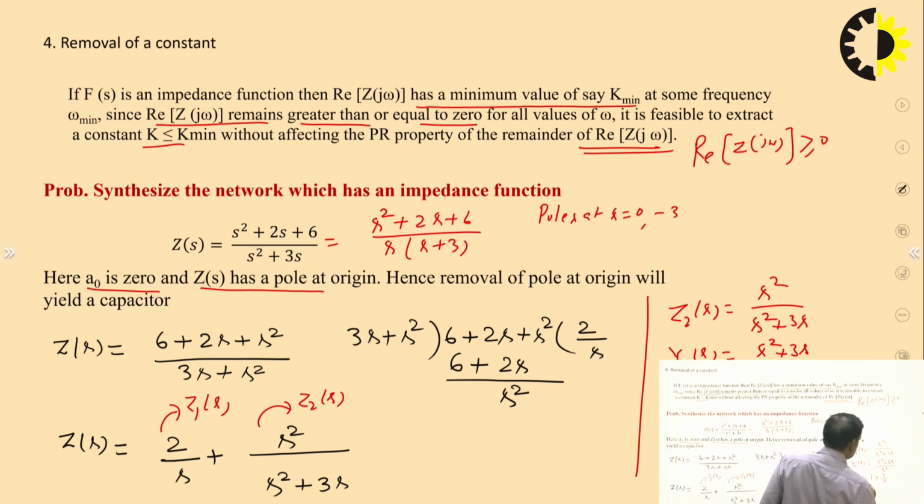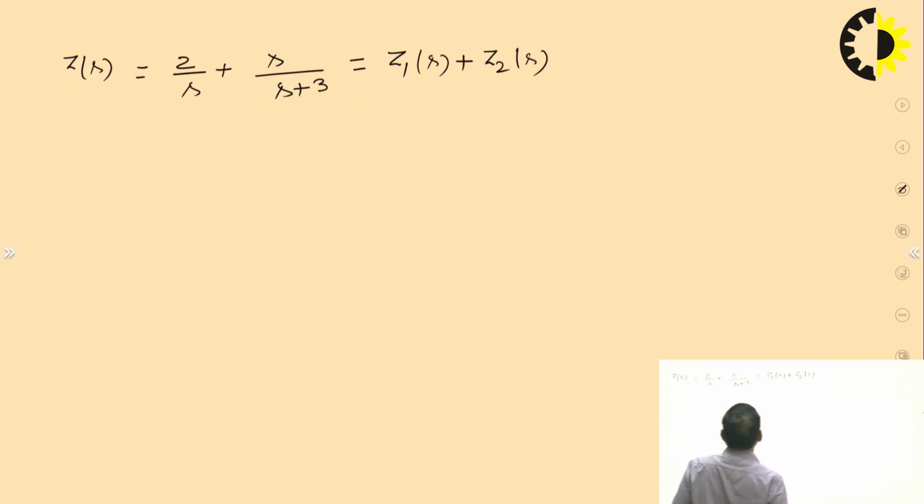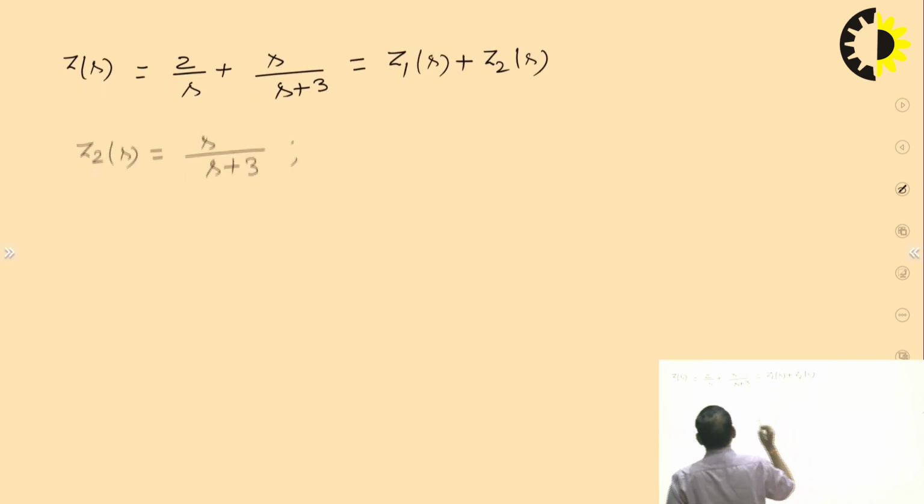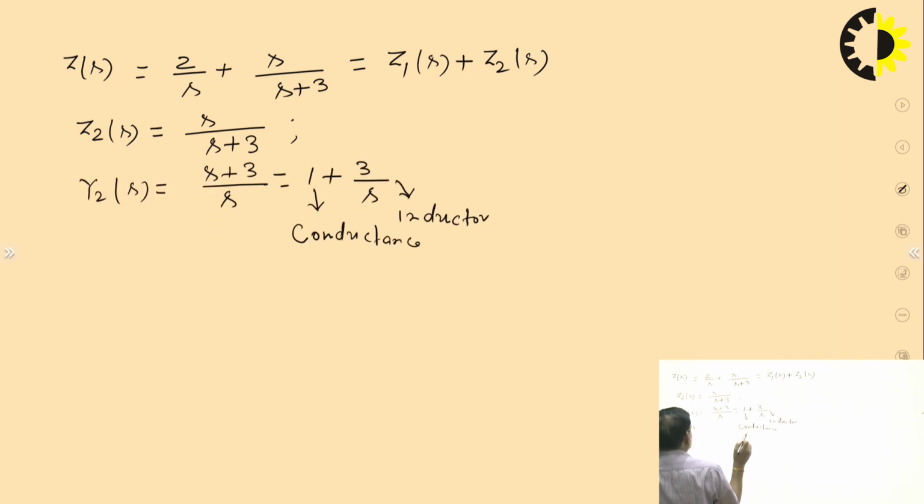So this is Y3 plus Y4(s). This is admittance, so this is conductance, and this is an inductor of inductance 1 by 3. So Y2 is 1 plus 1 by (3s), where this is the conductor and this is the inductor.